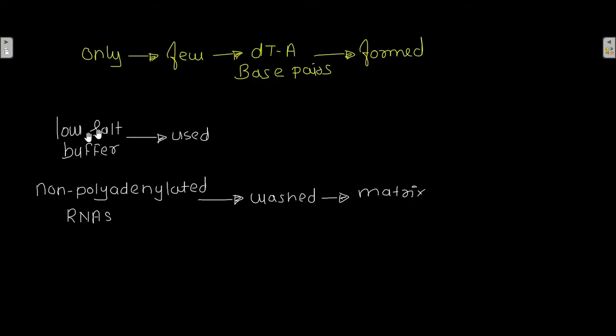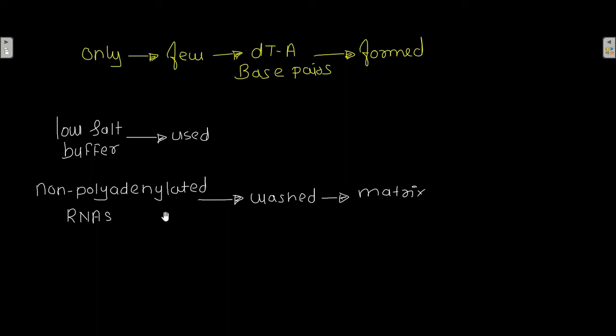Then a low salt buffer is used, and it is used after the non-polyadenylated RNAs have been washed out from the matrix. The other RNAs, except mRNA, are washed out, because only mRNA is going to bind, and other RNAs are not going to bind.